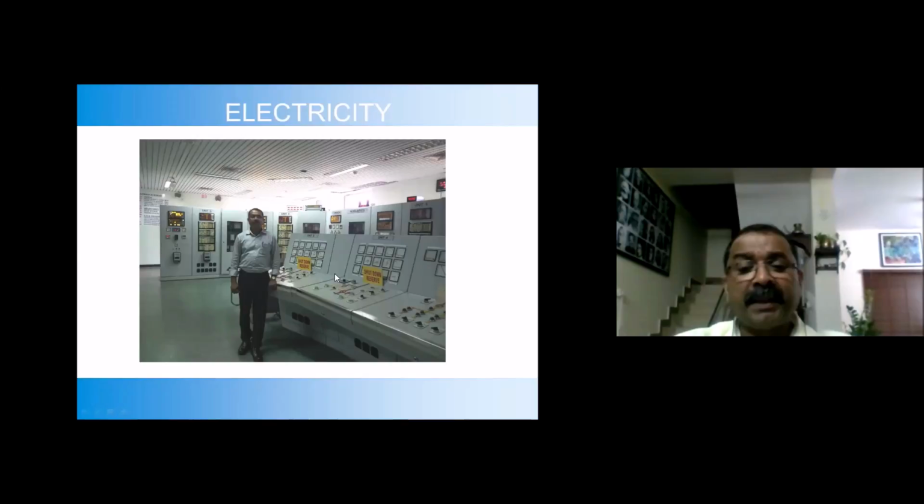Depending upon the demand, we will arrange the load on these machines. All those things will be done from the control room. And some protection systems also will be there. Control and protection systems are stationed at the control room.